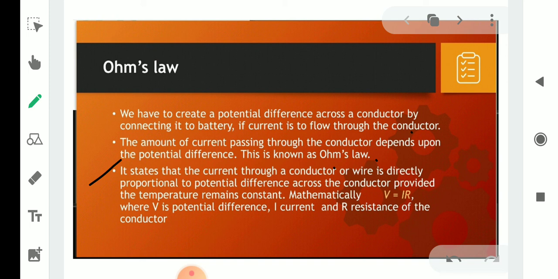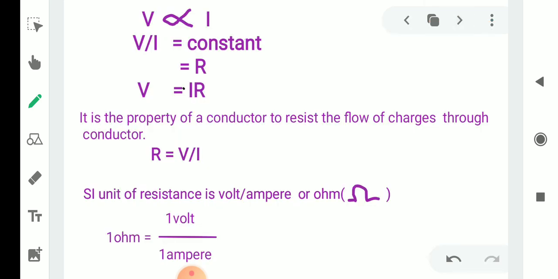Here V is the potential difference, I is the current, and R is the resistance. It can be written mathematically in this way: V is directly proportional to I. Therefore, V by I is equal to a constant.